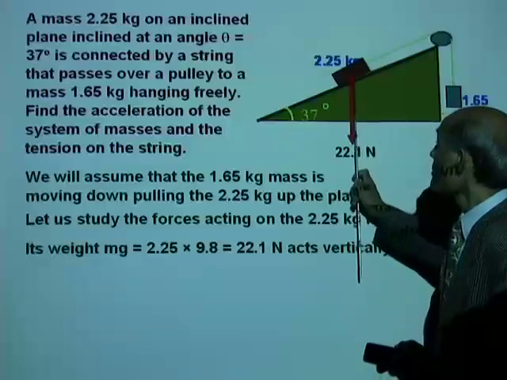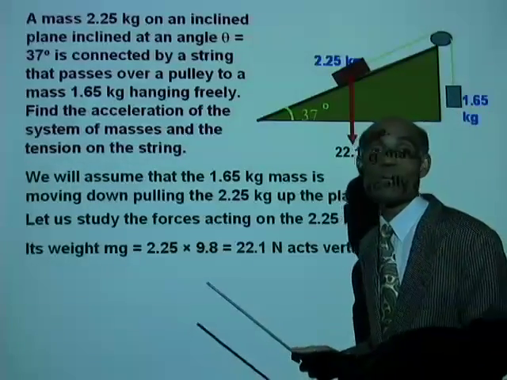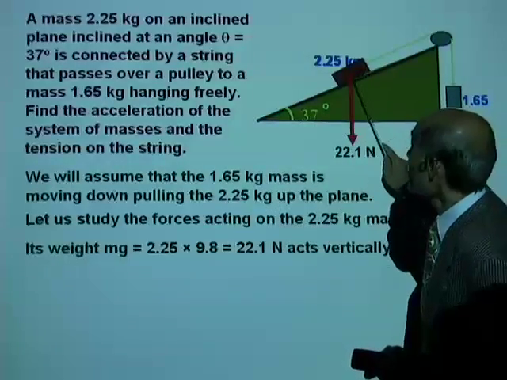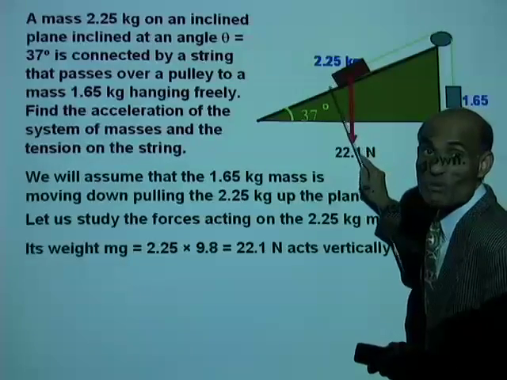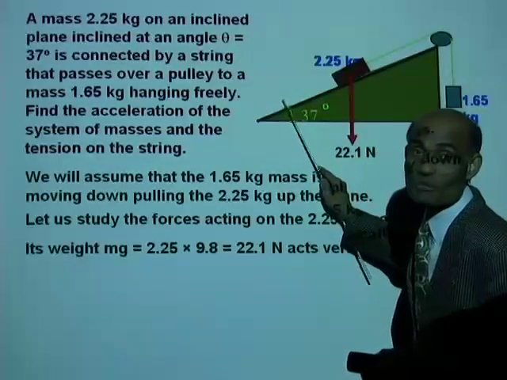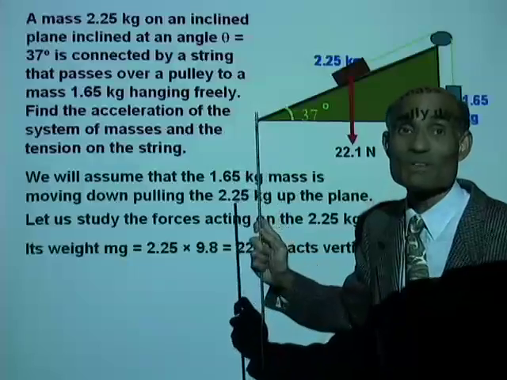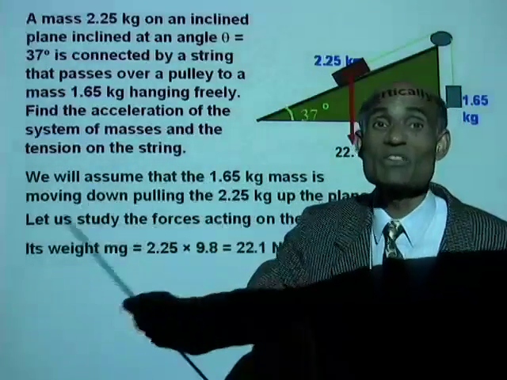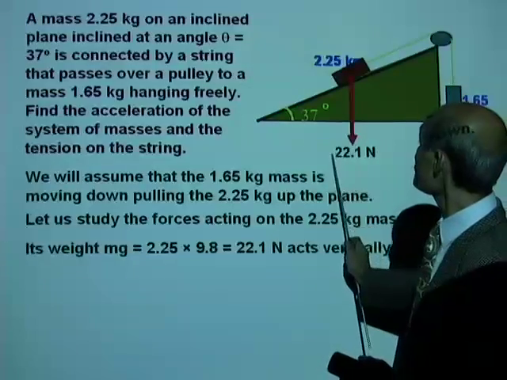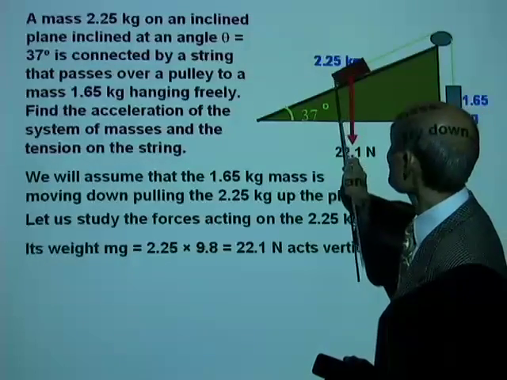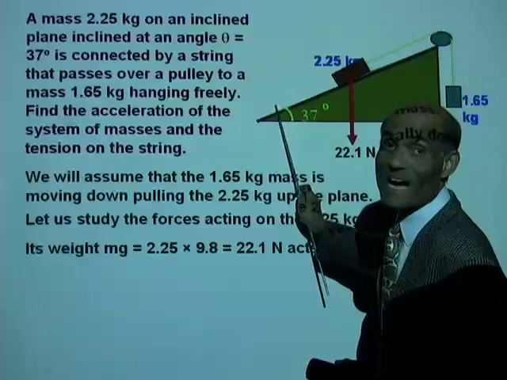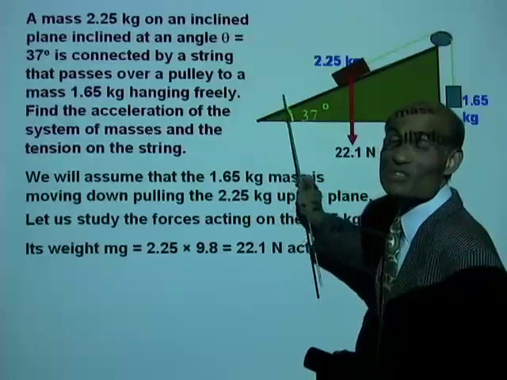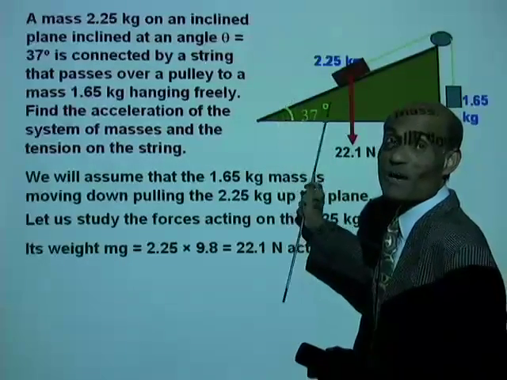And now, the moment you mark the weight, you must know a component of this weight will be pulling the box down the plane. What is that component? That component is mg sine theta. Mg is 22.1, so 22.1 sine 37 is the force pulling the box down.